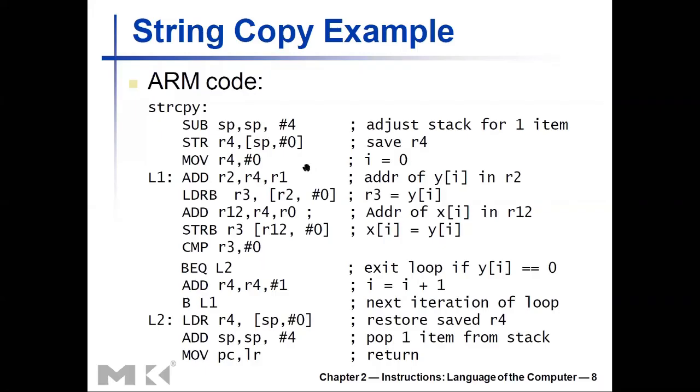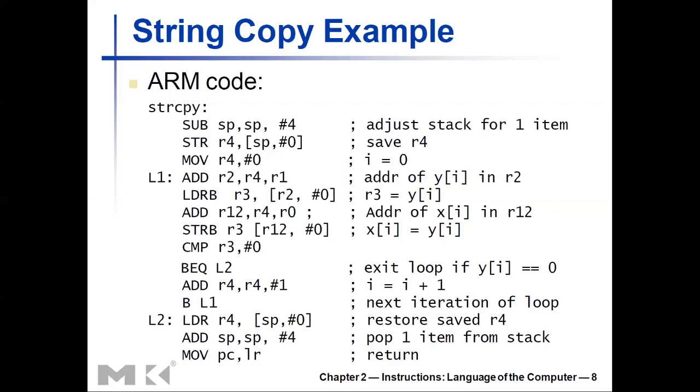Yeah, we will let it be 0. So the base address of Y is 0, and I now is again 0. So you perform this add operation, and 0 plus 0, that's going to be 0. So R2 is going to contain 0. And with LDRB, you go to that 0th location in the memory and you grab only 1 byte.